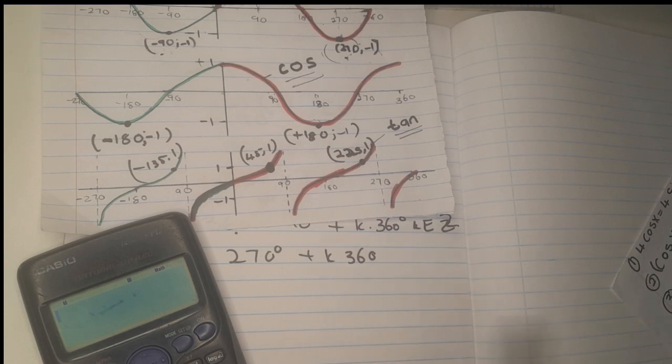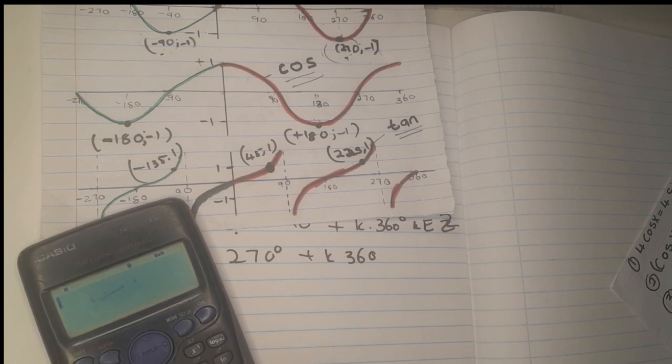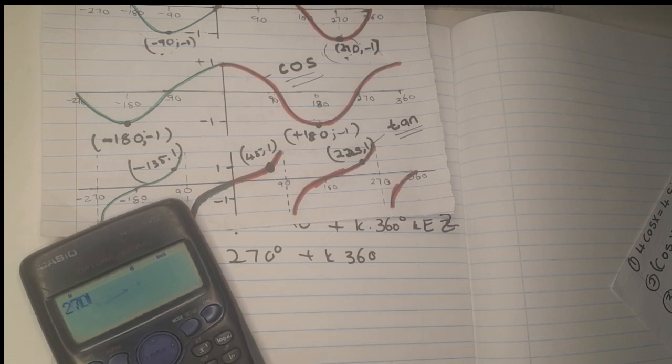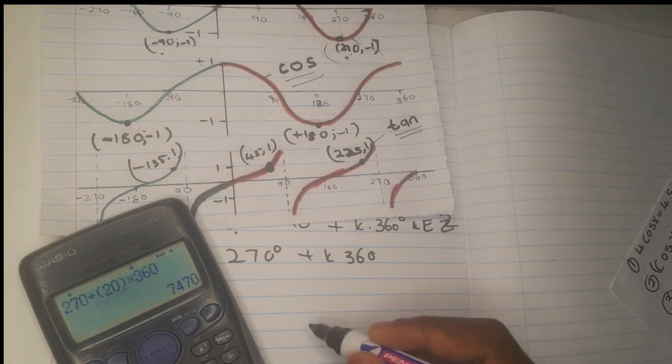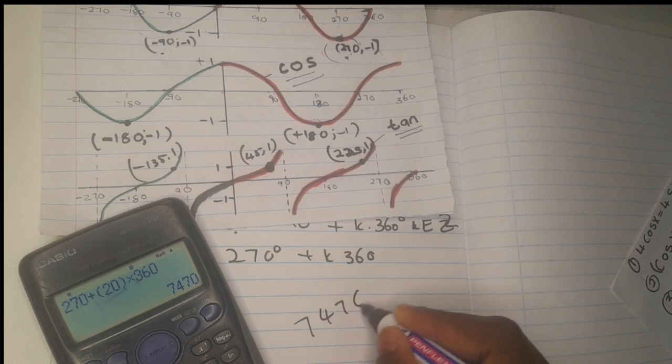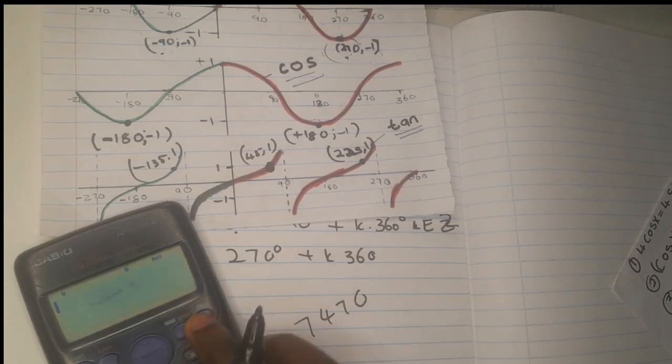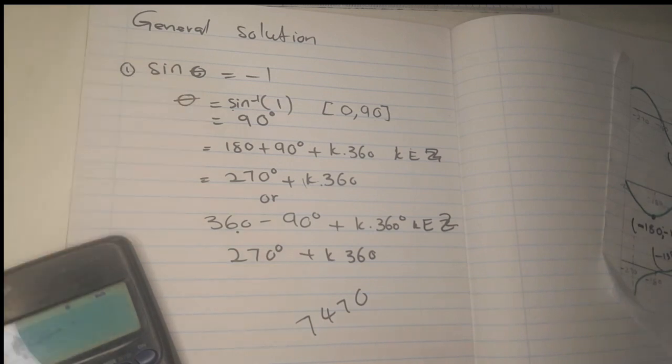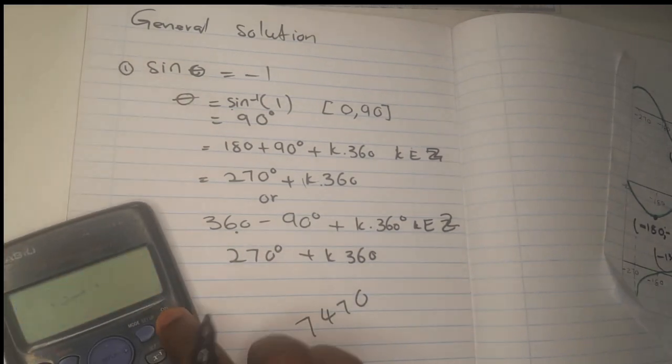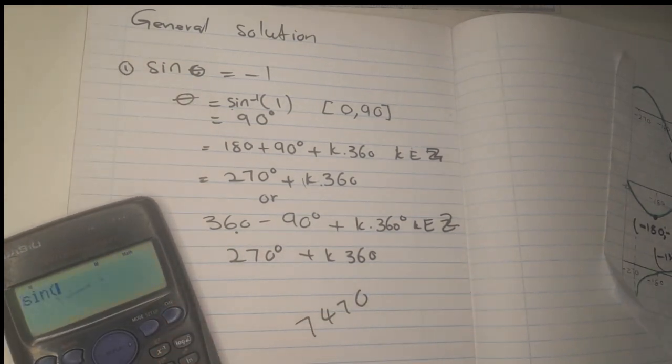Let's say maybe my k is 20. So I say 270 plus open bracket 20 close bracket times 360. I get 7470. So let me substitute it here: sine of 7470, I get -1.